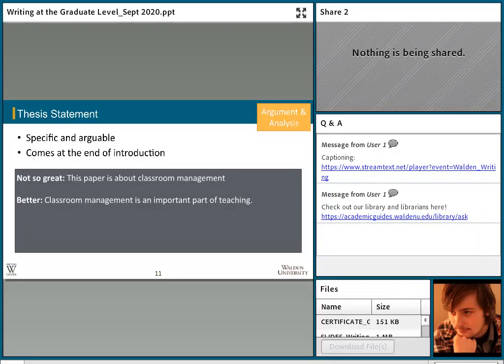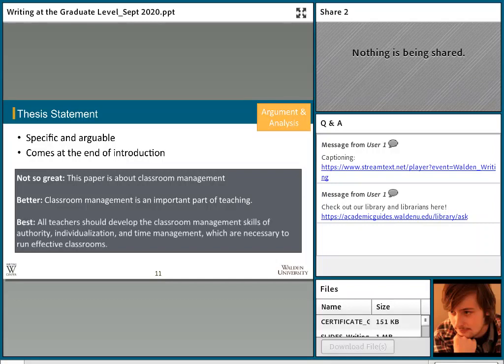So someone on the other side could say, hey, no, classroom management is not an important part of teaching. This is kind of a weak argument though, right? Because there's been a lot of research published that says that classroom management has some effect and is an important element of teaching in a classroom. So again, this is a little bit better, but we're not really all the way there yet.